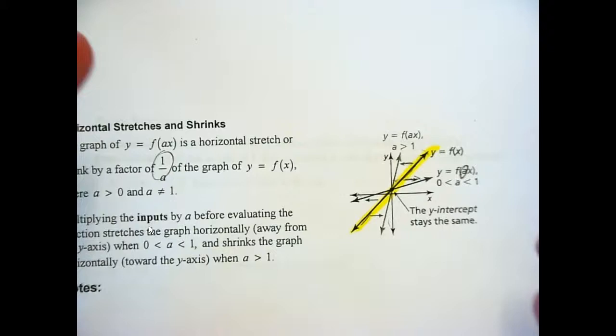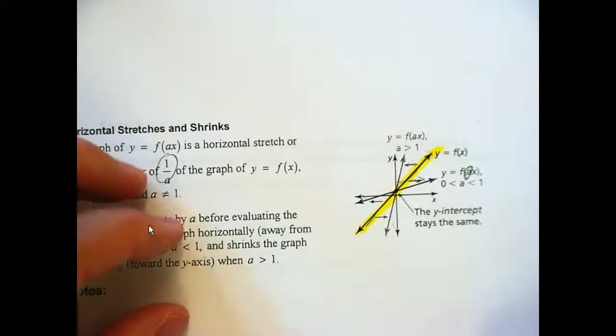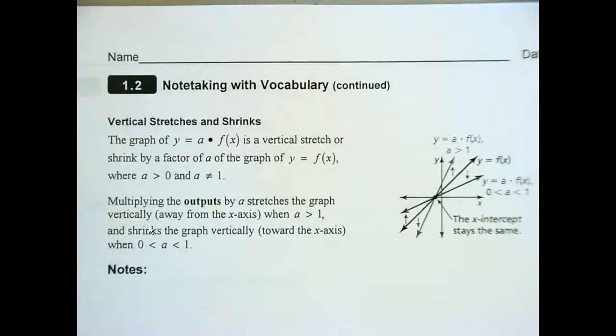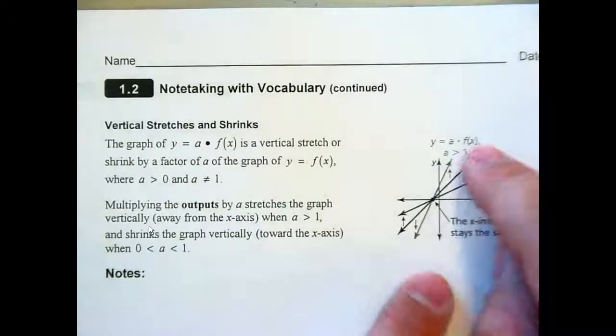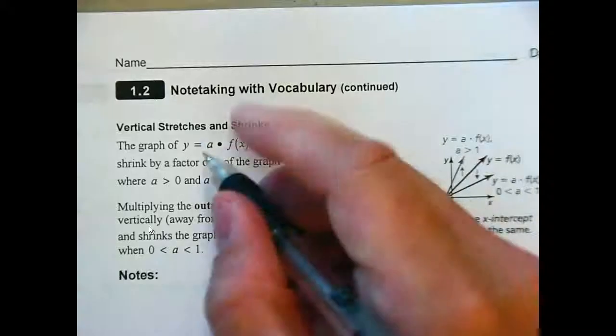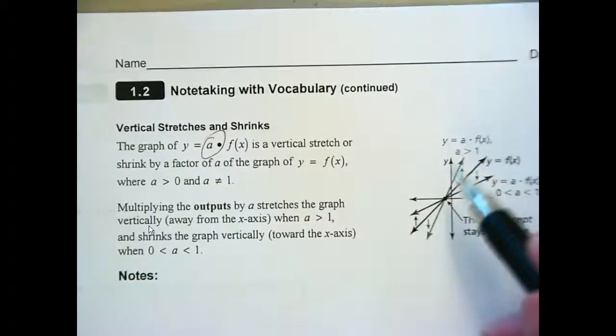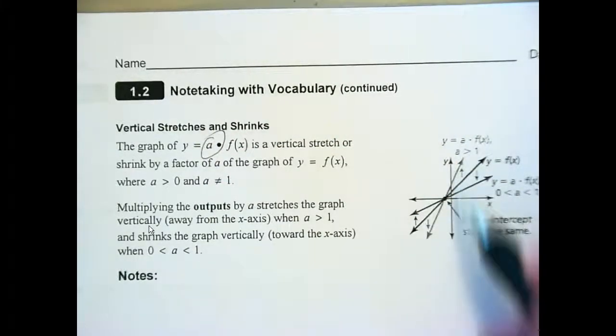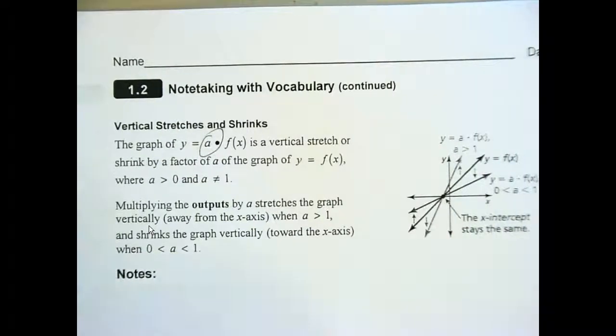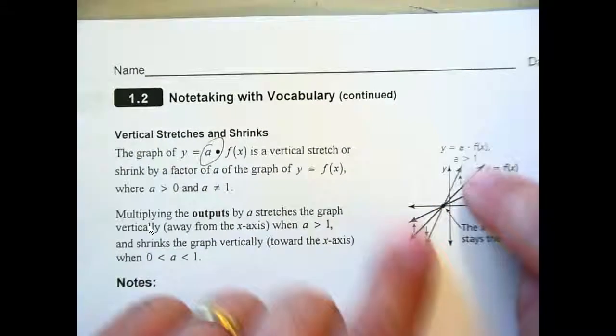And if it's vertical, then you're pushing or pulling away from the x-axis, which is actually what the next page is. So when you're doing a vertical stretch or shrink, which happens on the outside because you're changing things vertically, you are pushing or pulling relative to the x-axis.